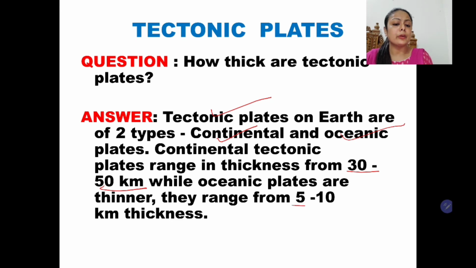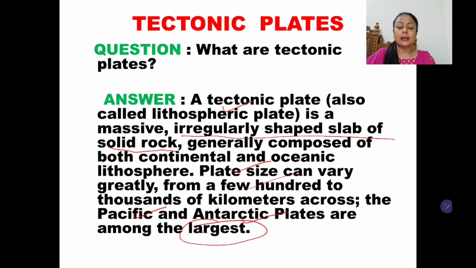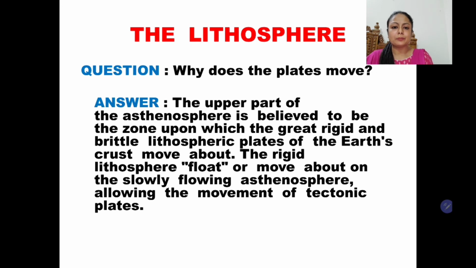They range from 5 to 10 kilometers in thickness. So children, this is about the thickness of the tectonic plates. This is about how many plates there are: 7 plates occupying 95% of the Earth's surface. And we have learned here what tectonic plates are. So children, this is the information about tectonic plates.